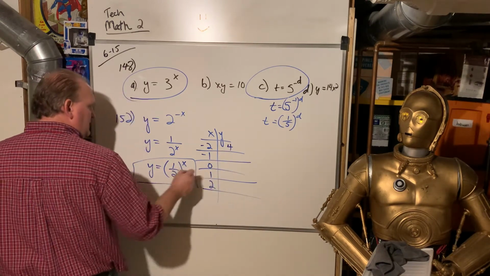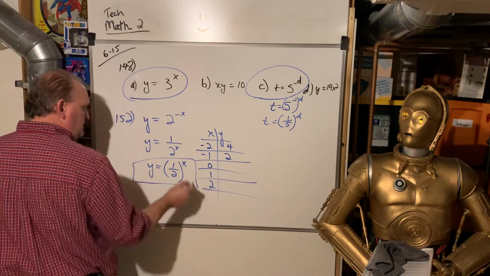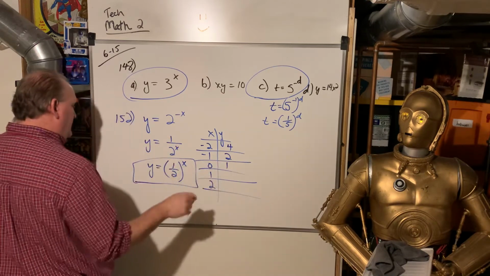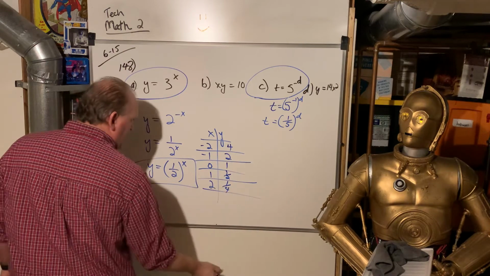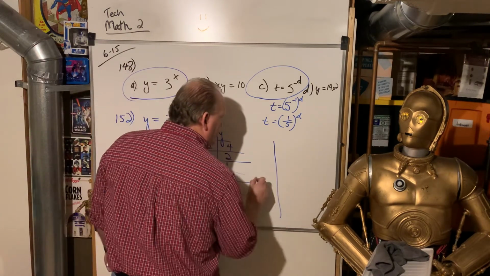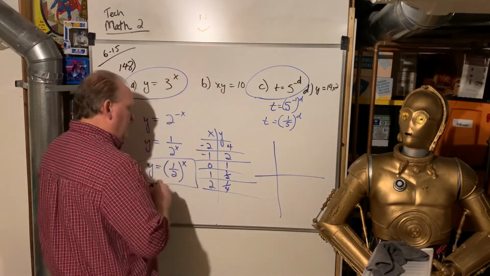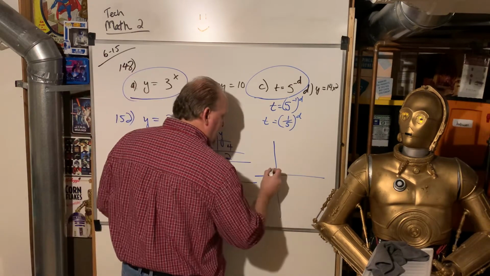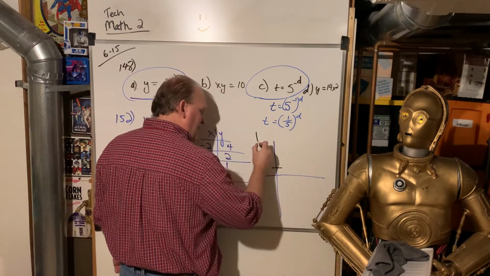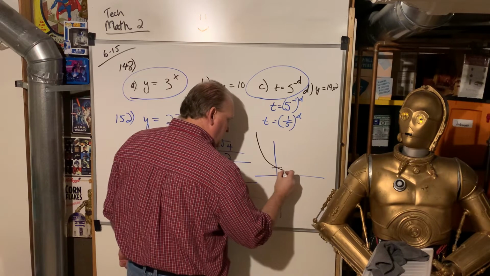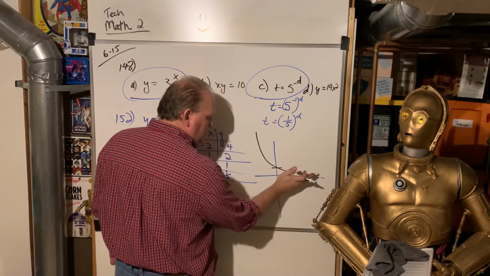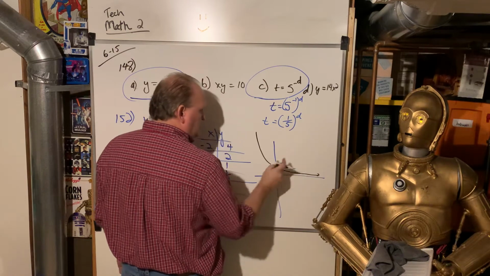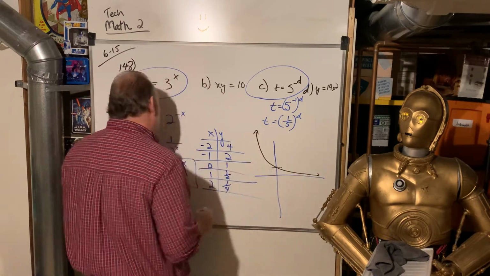And -1, that's just going to be 2. Anything to 0 power is 1. 1 is 1/2, 2 is 1/4, 3 would be 1/8. And so what's happening with this graph is it's exponential decay, meaning we're coming down and approaching the x-axis, but it'll never actually cross the x-axis. It'll get forever closer to it, but it'll never cross it.